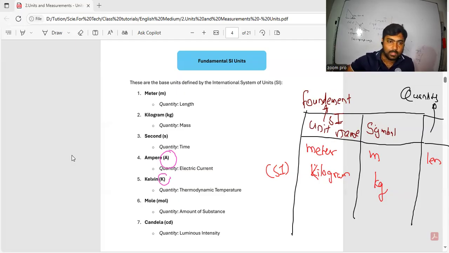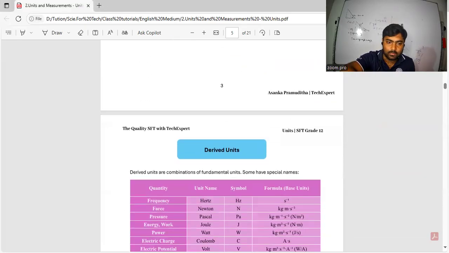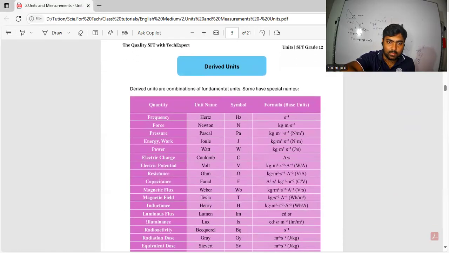Okay, then write the next topic as derived SI units.